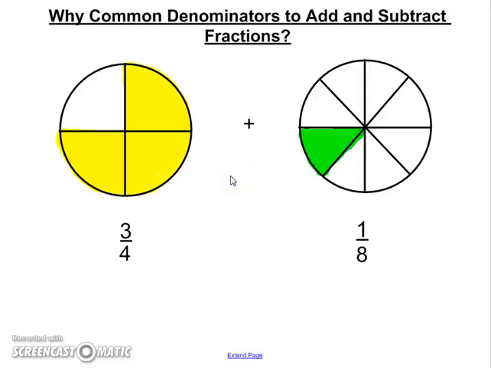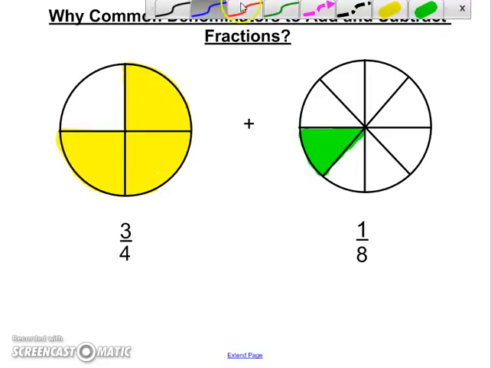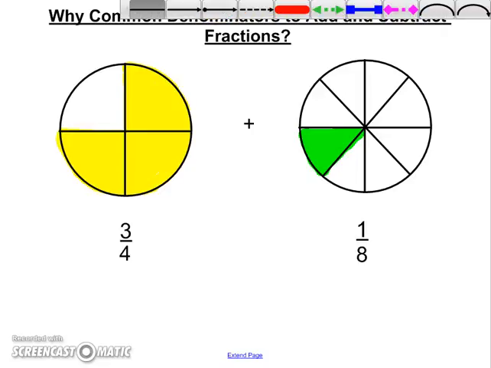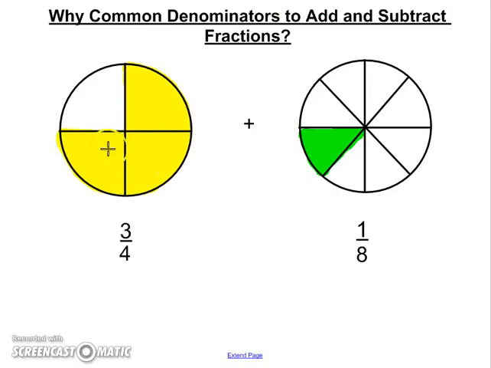And so in order to actually add them together, I need my wedge sizes to be the same. So I have to divide my pizzas in a way that the sizes of the wedges are the same. Now in this particular case, I actually only have to modify this pizza over here by subdividing it a little further, because I did pick this on purpose because it's one that I can do pretty quickly.